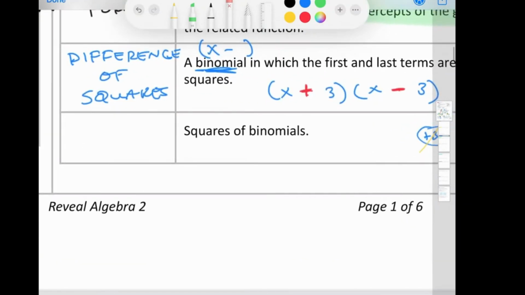Okay, what's the square of a binomial? This one, the answer is perfect square trinomials.